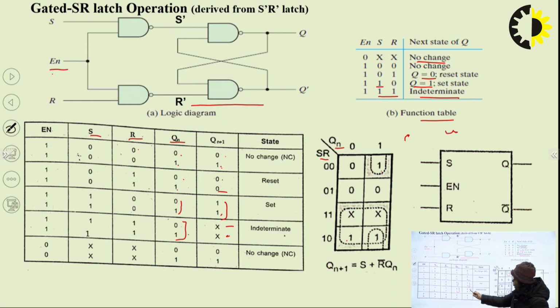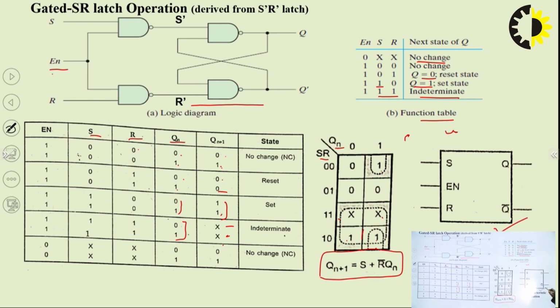And there are 2 don't care conditions for 1 1 0 and 1 1 1. A quad and a pair, and the resultant equation will be S plus R bar into Qn.